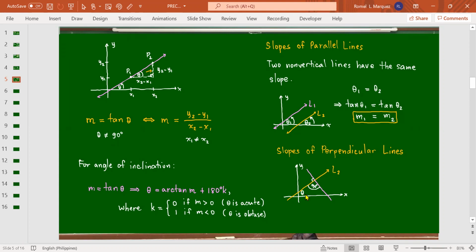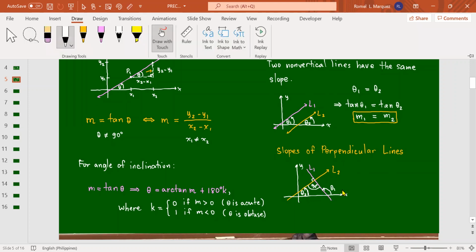This is theta sub 2, the angle of inclination of the yellow, while the angle of inclination of this pink, theta sub 1, if we call this L sub 1. So how are their angles related?